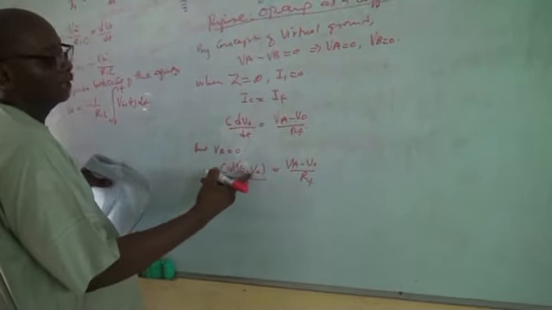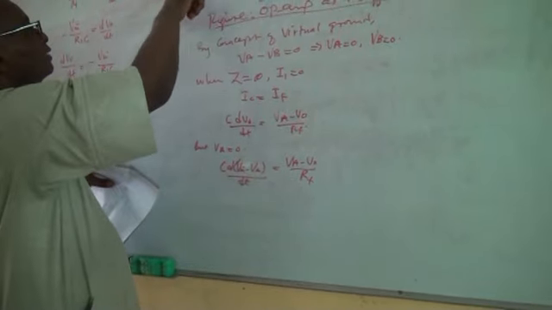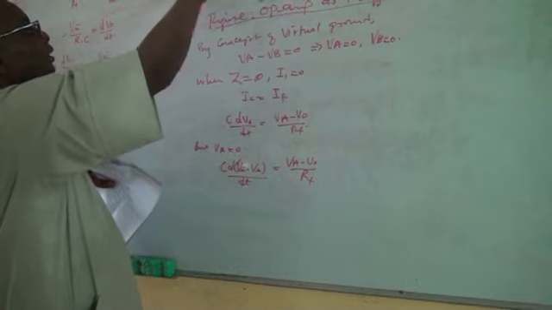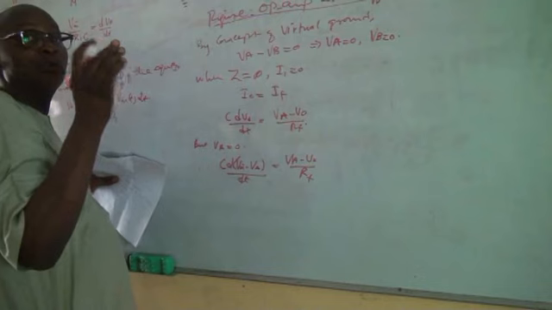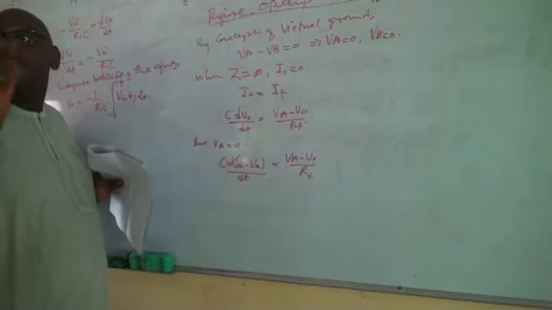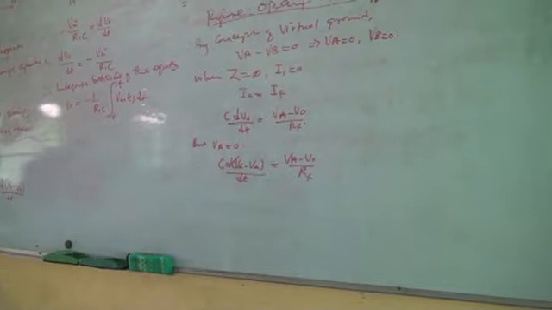You know that VA here will be affected because the current is flowing this side, so we start taking the voltage from here, VE minus VA. But if the current is flowing this way, it will be VA minus VE. I have to know the direction of current when doing this kind of equation, okay? The direction of current determines the direction in which the equation will be flowing.